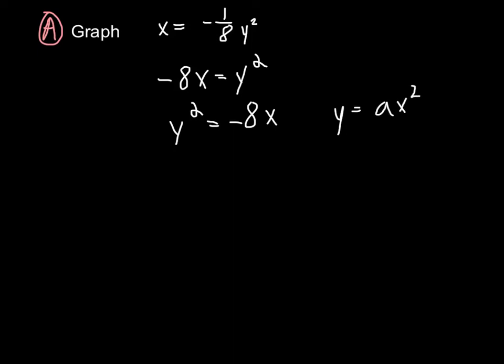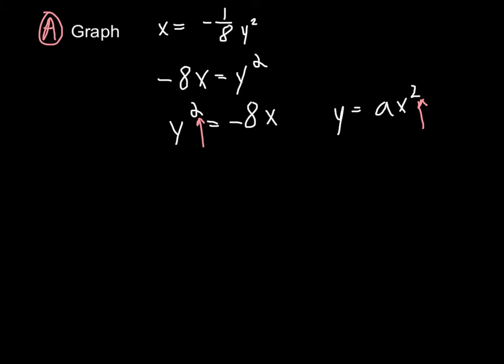Yet there is still a vital difference, which is that instead of the x being squared in this example, the y is squared. And this will, in reality, flip or shift our parabola, as you will see.